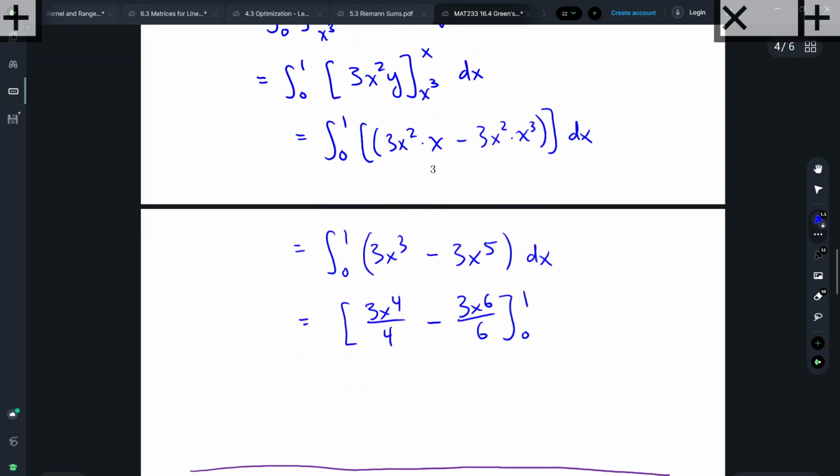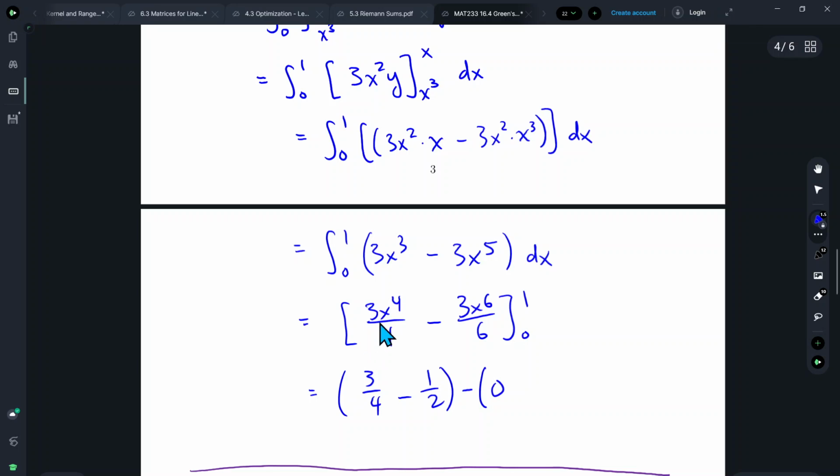And then now we just plug in the numbers, right? So plugging in 1, you get 3/4. Plugging in 1 here, you get 3/6, which is 1/2. And minus, plugging in 0, you get 0 and 0. So the whole thing is just 3/4 minus 1/2, which is equal to 1/4, or 0.25.